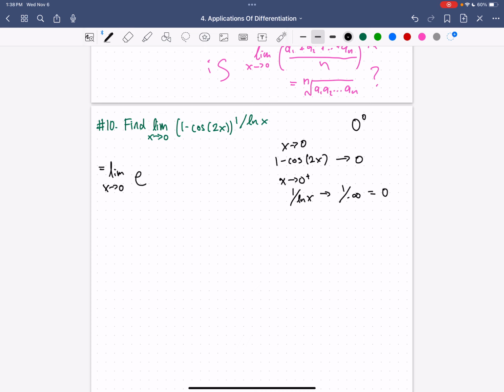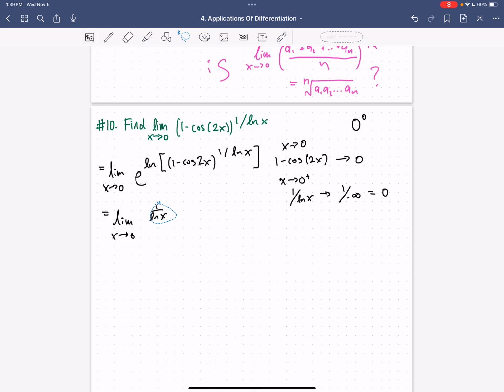So we've got the limit as x goes to 0 of e to the log of (1 minus cos 2x) to the power of 1 divided by log x. And as before, we bring out that 1 over log x.